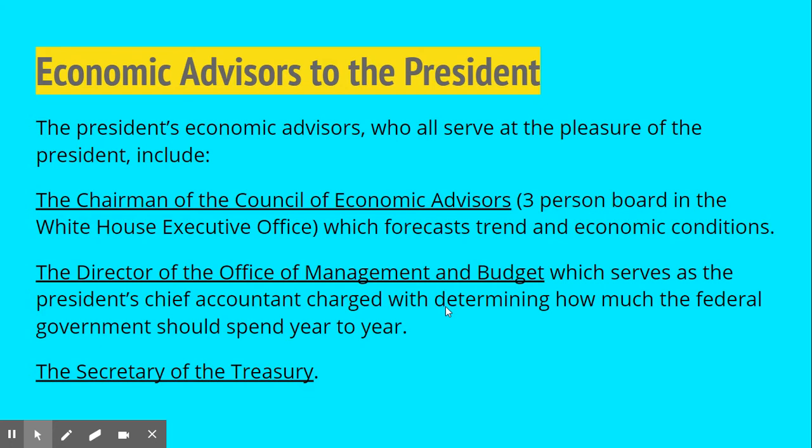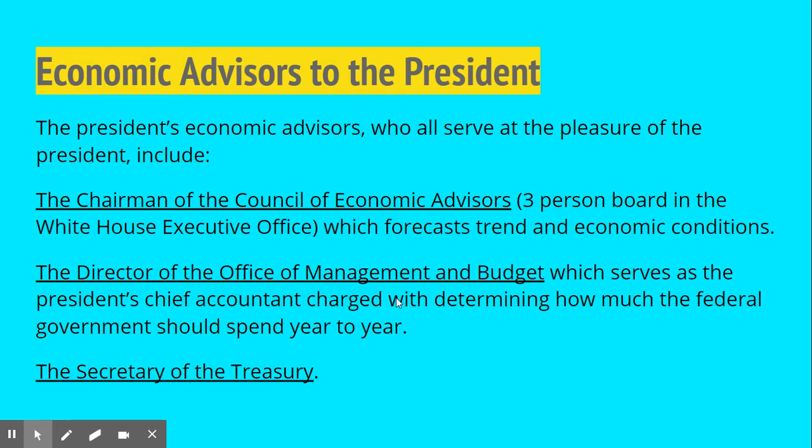I do want to talk about a few groups of people here. The economic advisors to the president, we mentioned those a little bit when we talked about the executive office. So that's also in with the Office of Management and Budget. And then Congress also has an office that is the equivalent, so to speak, of the OMB, and it's called the CBO. So that's the Congressional Budget Office.